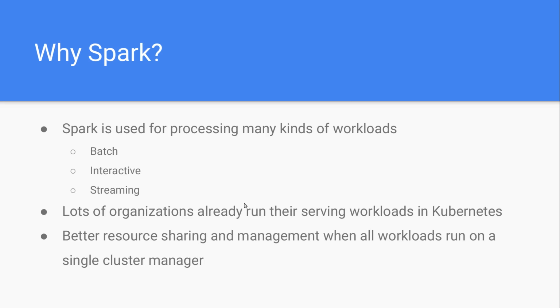What about Spark? About Spark we talked previously. It's used to process many kinds of workloads, for batch, for interactive, for streaming processing. Lots of organizations already run their serving workloads in Kubernetes, and we can provide better resource sharing and management when all workloads run on a single cluster manager.